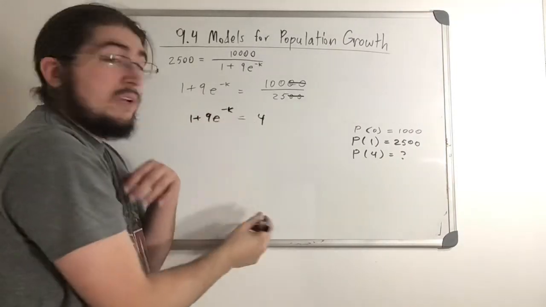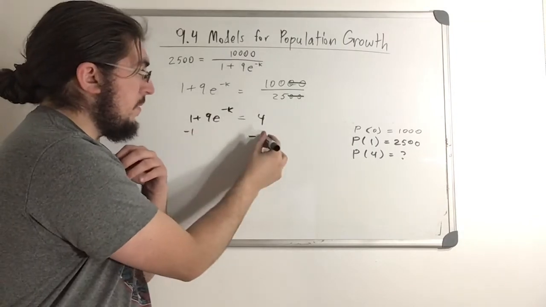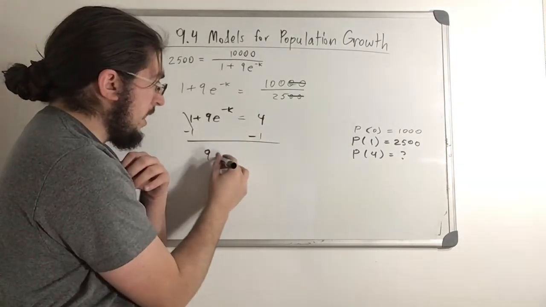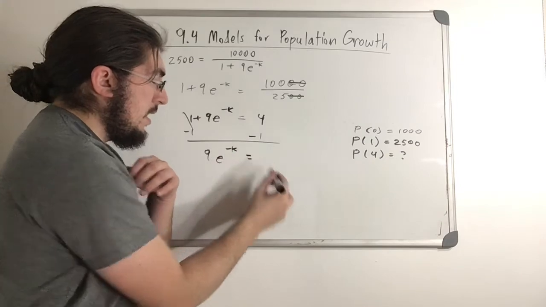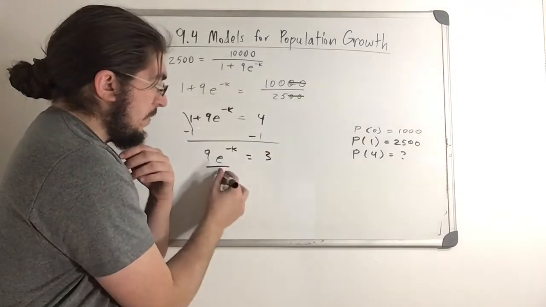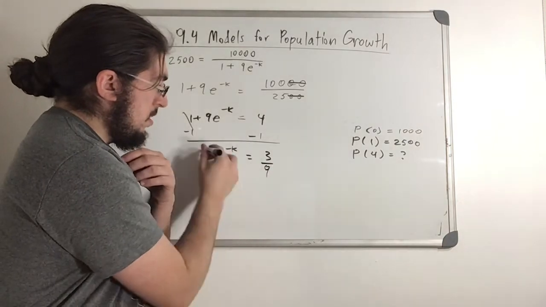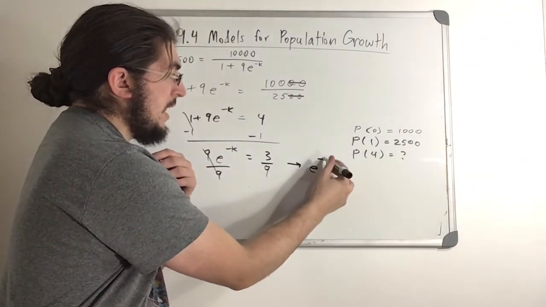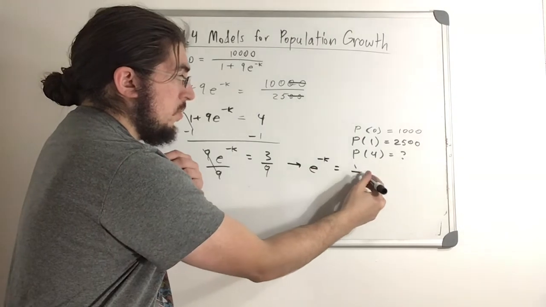To continue solving for k, we can subtract 1 to the other side. And what do we get? We get 9 e to the negative k is equal to 3. Divide by 9. We get e to the negative k is equal to 1/3.